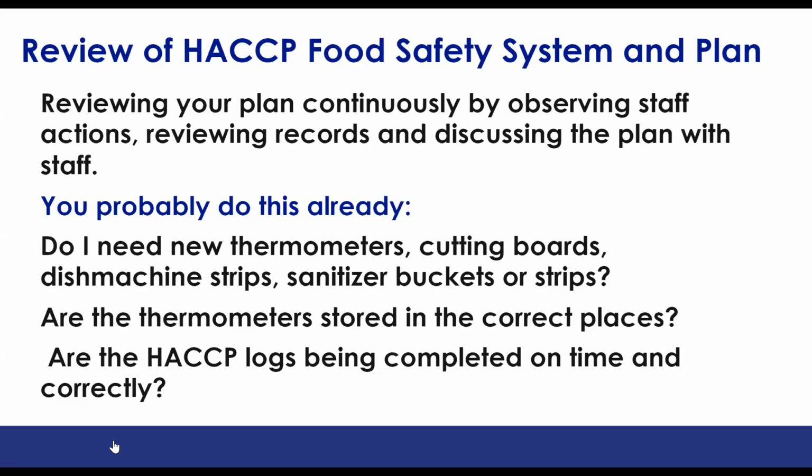Are your buckets for the sanitizer marked clearly so that everyone knows that the mixture in the sanitizer bucket is sanitizer? When they're not marked, not everybody will know that. Are the thermometers stored in the correct place? Easy access. Does each cook have a thermometer, or each salad person have a thermometer?